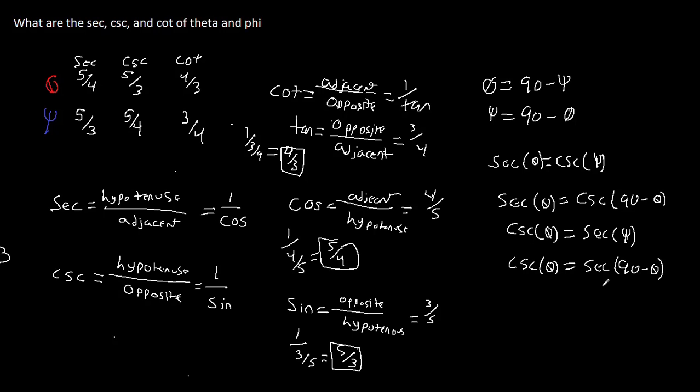What I want to spend the last couple seconds of this video doing, giving ourselves a little bit of space, is just remembering the fact that 90 degrees, this is in degrees, is the same as pi over 2 radians. We have this conversion metric from our angles video where we converted from degrees to radians and radians to degrees.